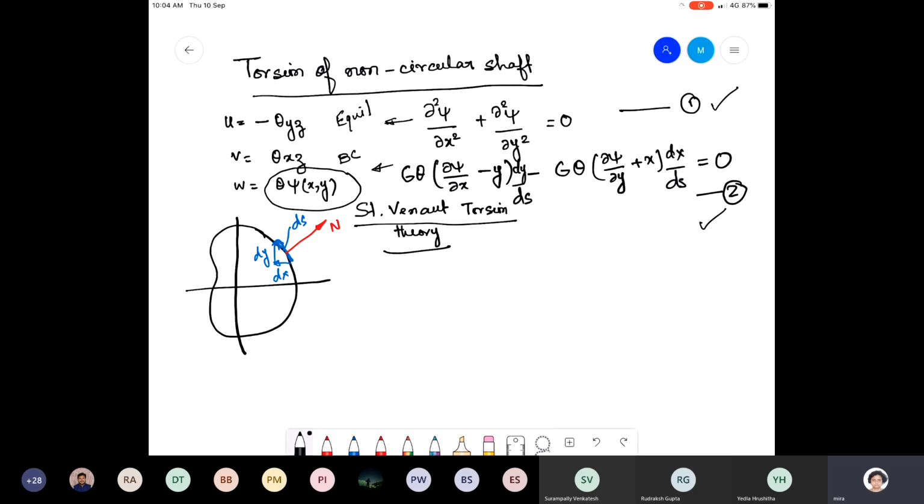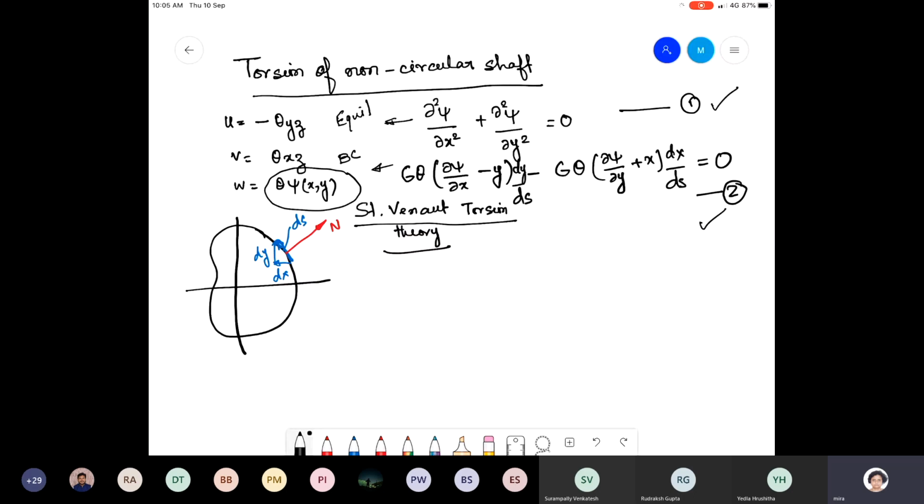As I said in the last class, it is rather easier to find a warping function which satisfies equation 1, but as can be seen from equation 2, it is a difficult task to find one which satisfies equation 2.